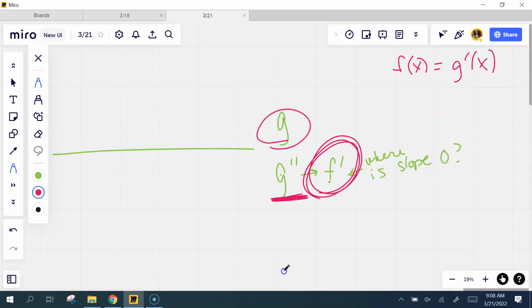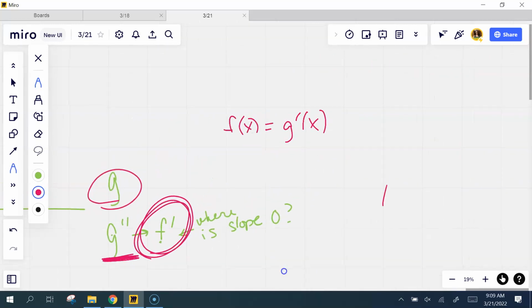But they're not asking me any questions about f, they're only asking me about g, which is why it gets confusing. So essentially they're giving you all that and you're having to interpret a first derivative graph for all of this. So now, one derivative up, if you want to know where that equals 0, you're looking for maxes and mins, right?